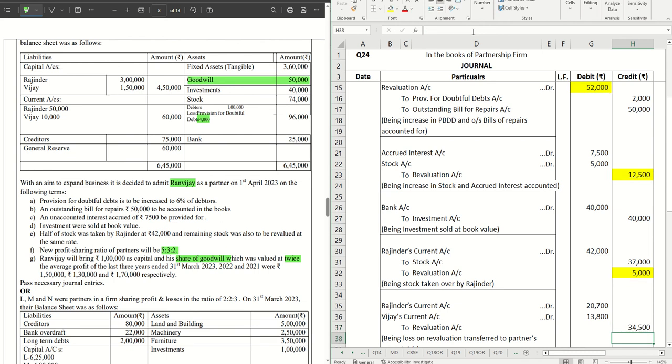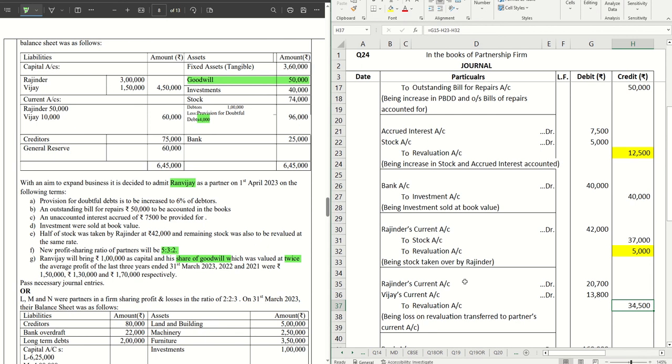This will be a loss of 34,500, which is to be distributed among the old partners in their old ratio. All right, 34,500 is the loss. Rajinder's current account debit, Vijay's current account debit to revaluation account.